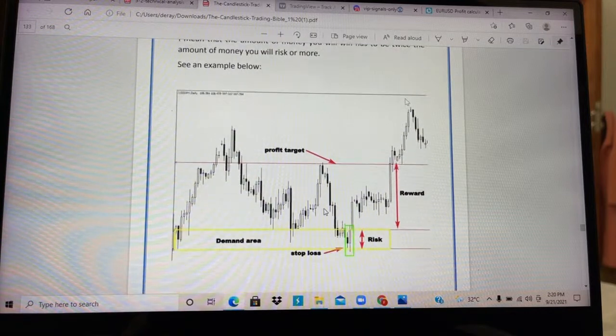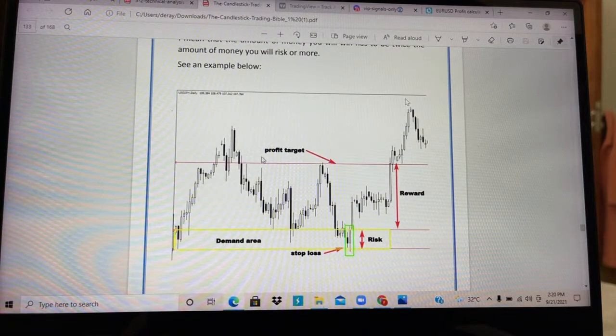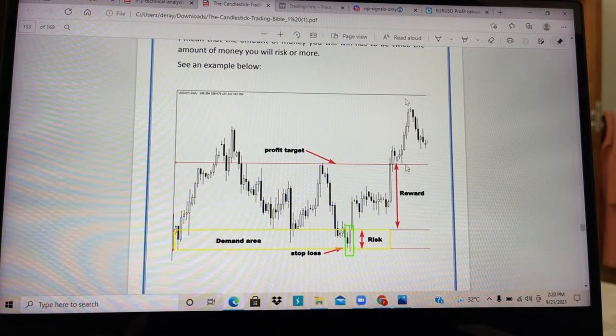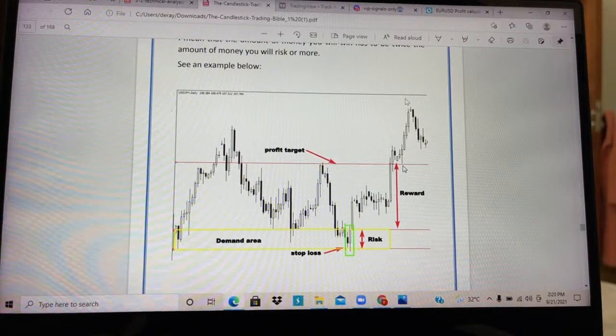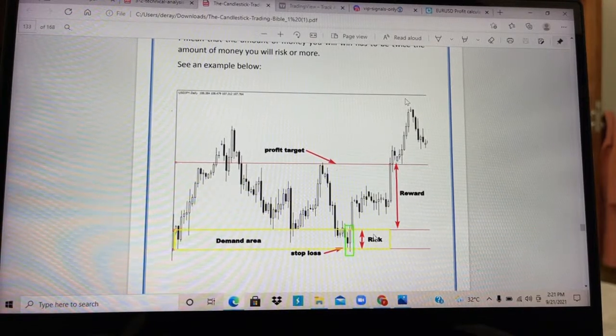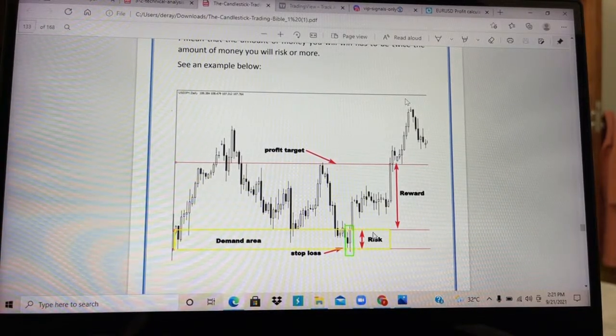So this is a little illustration here to help us. Let's say we were anticipating the market to go up. You see the risk here in comparison to the distance from here to here, it's wider.